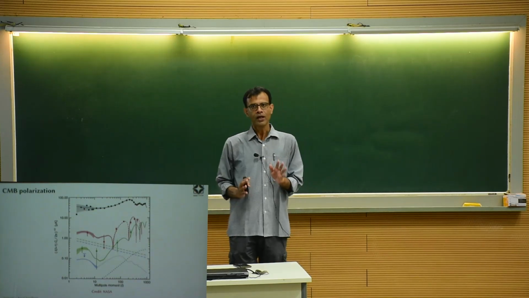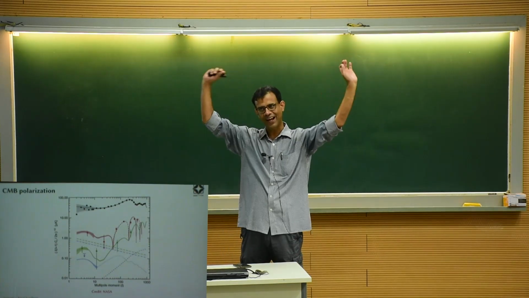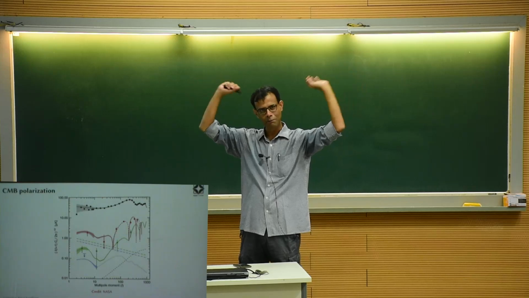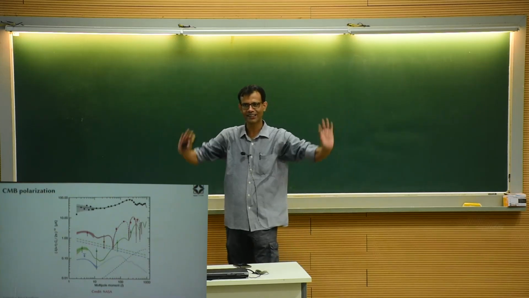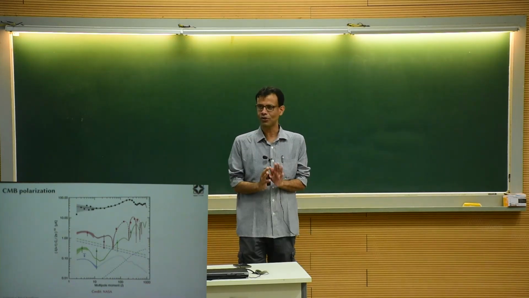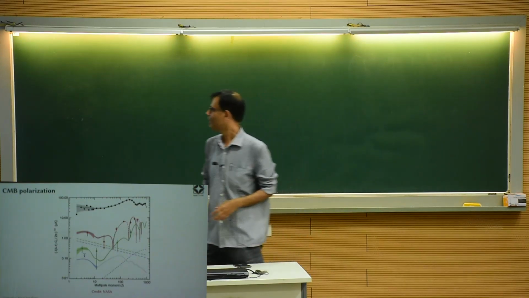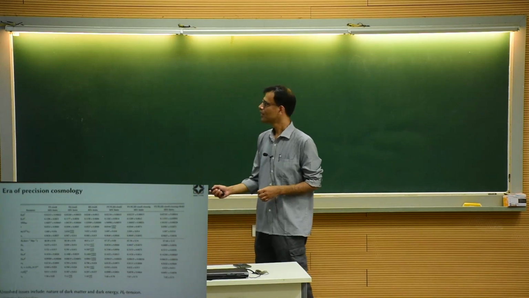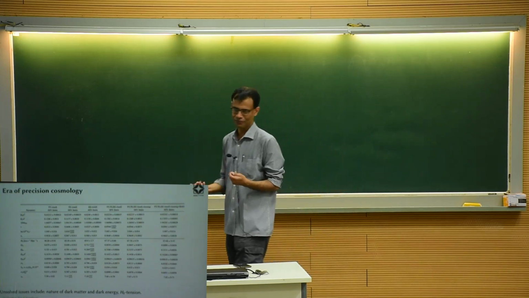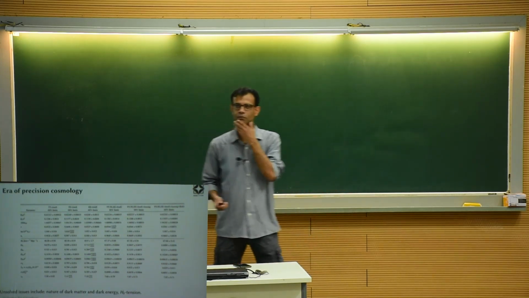So these fluctuations in the sky, be it CMB or galaxies and large scale structures, nail down the cosmological model to a very high degree of precision. So we have entered a phase which we call precision cosmology.